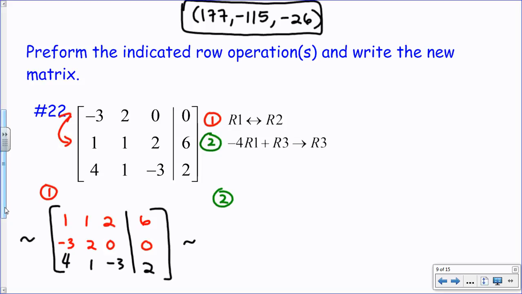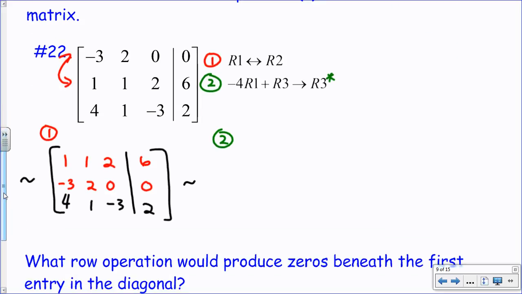So the only row that's going to change is row 3. Yes, I'm going to multiply times row 1, but that's just to help me get a new row 3. So I'm not changing row 1 and row 2. So I'm going to go ahead and just copy those down.